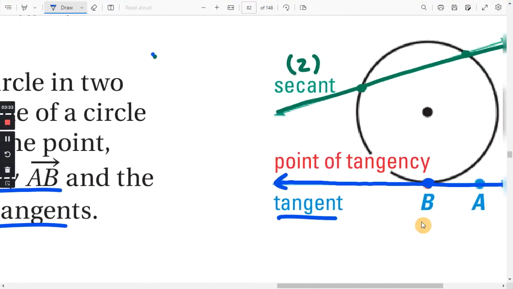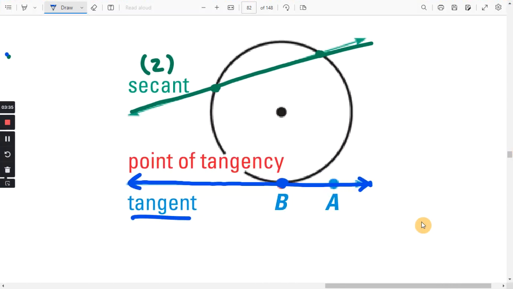But really, they have to be part of a line, because you can't draw a line segment and stop at the circle and say, well, that's just 1 point, so it's a tangent line. It has to be a continuous line that keeps going and hits the circle at only 1 point.